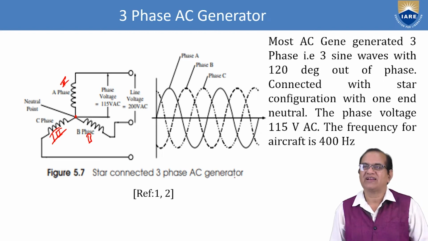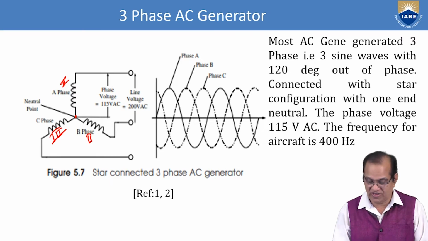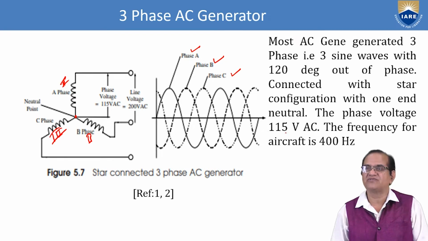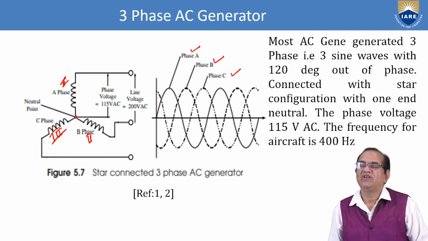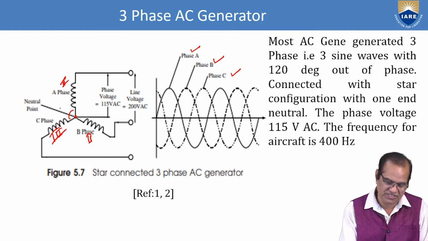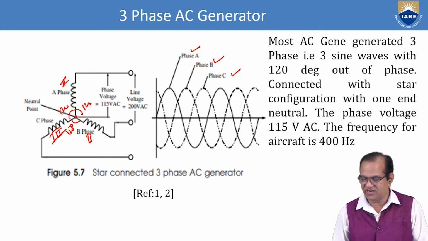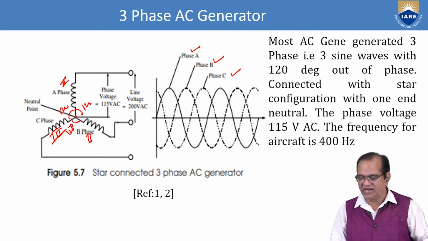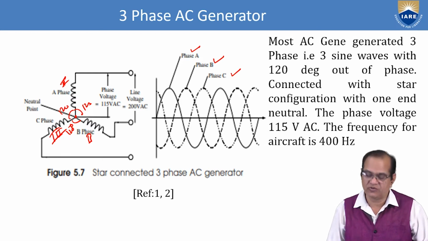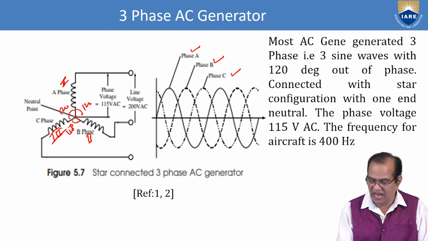Most aircraft generators generate 3-phase, that is, 3 sine waves. This you can see: phase 1, phase 2, and phase 3, A, B, C. So 3 sine waves are generated 120 degrees out of phase. This is 120, this is 120, and this is 120 degrees out of phase, connected in a star configuration with one end neutral, and all are joined as a neutral.